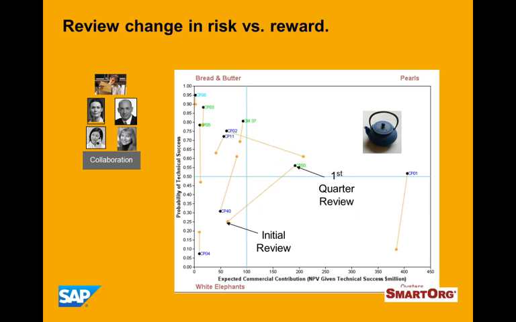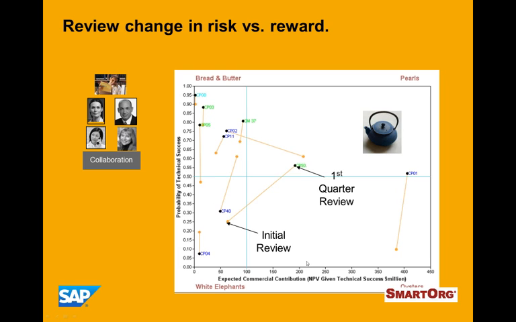There's also another chart that people use consistently, and this is what we call an innovation chart. On the vertical axis is the probability that we can do it, the probability of technical or development success. And if we can do it, how much is it worth?